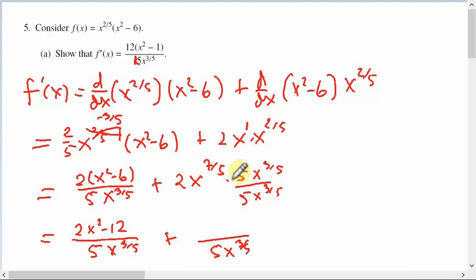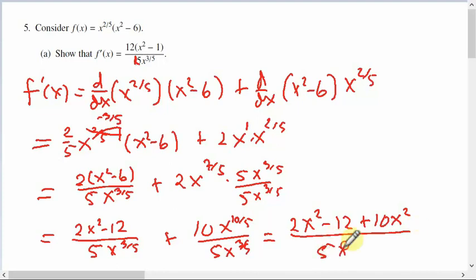I get 2 times 5, there's 10. 7/5, x to the 7/5, x to the 3/5. When you add those, you get x to the 10/5, which is x squared. So combining these, I got 2x squared minus 12 plus 10x squared, because 10/5 reduces to 2, I should say.